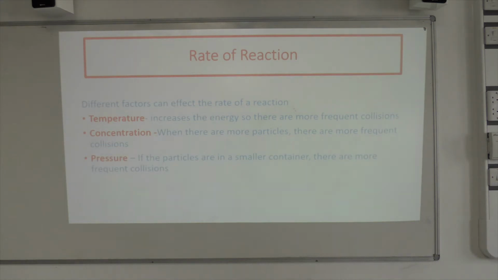If the particles are in a smaller container, there are more frequent collisions, because there's a higher chance of them bumping into each other. Smaller solid particles or a higher surface area. If there's a smaller solid particle, then you're increasing the surface area. That means particles have more area to react with, and therefore there will be more successful collisions.